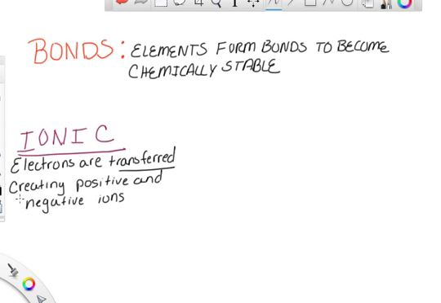Because remember, if you take on an electron, you become negative, and if you give away an electron, you become positive.